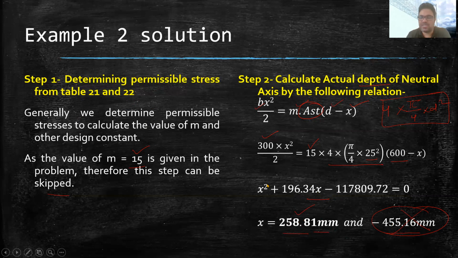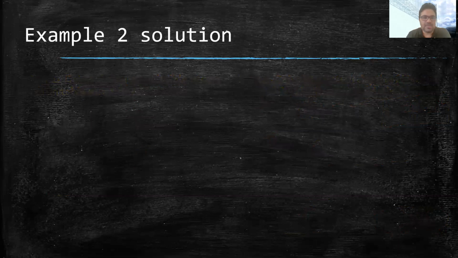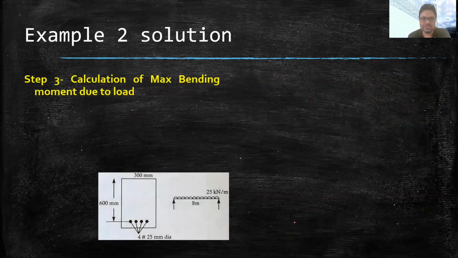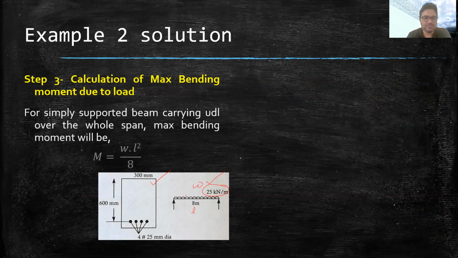So from step 2, we have calculated the value of X. Now in step 3, we will find out the maximum bending moment. So here again, you can see this is the case. This is our beam cross section and this is the line diagram. The UDL which this beam is carrying is 25 kilonewton per meter, which is the value of W, and this 8 meter is the value of L. So maximum bending moment in this case will be WL square by 8.